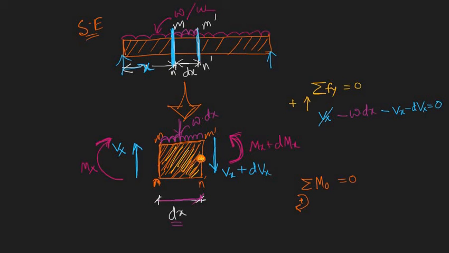So cancel Vx, and we are getting dVx equals minus w dx, or we can rewrite it as dVx by dx, the change of shear force, equals minus w.